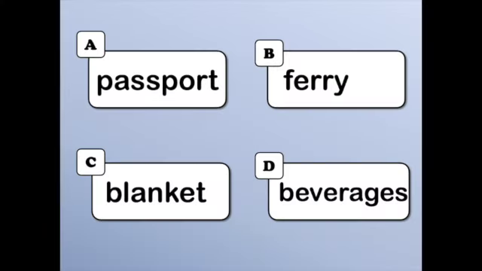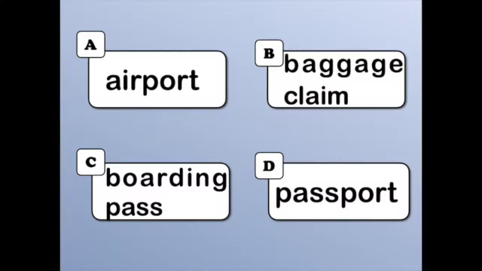This soft, usually rectangular piece of fabric is used for keeping warm during flights. So what is it? It was blanket. Okay, next one. This official government document identifies a person and allows them to travel internationally.